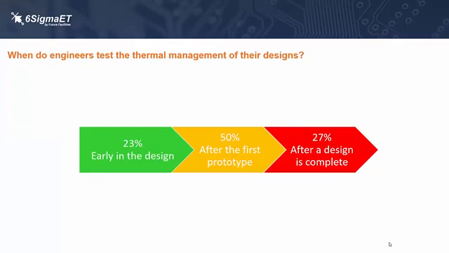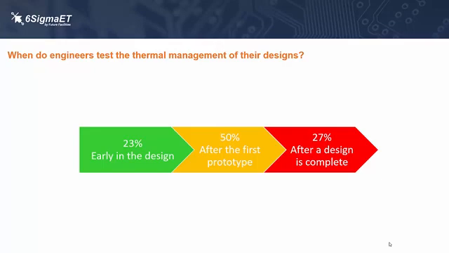So, when do engineers test the thermal management of their designs? 23% of people say they're doing this early in the design process. They're considering thermal right from the outset, even before they've built a prototype. 50% of people say they consider this after the first prototype. So at this stage, they might not have paid for things like tooling.